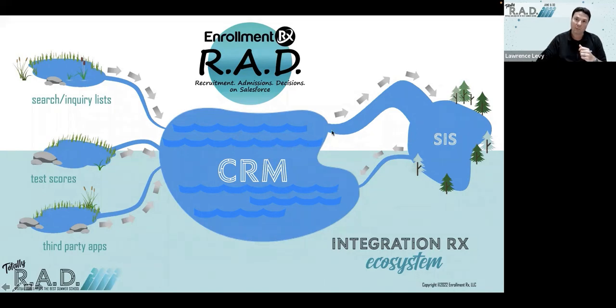We think only admitted student data should be sent into your SIS. Why should you have incomplete applications in your student information system? That belongs in your CRM system, and only the appropriate data should be sent over to your SIS. On the left-hand side are the common data sources that need to feed a CRM system in recruitment and admissions. So things like test score lists, right? ACT, SAT, GMAC.